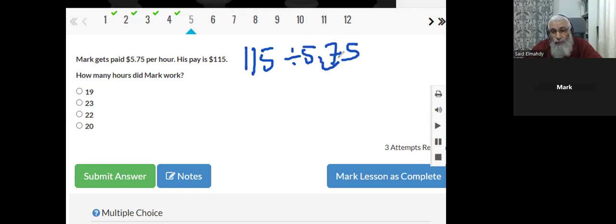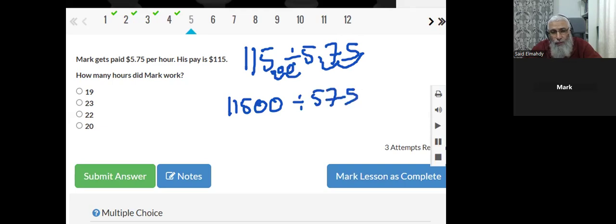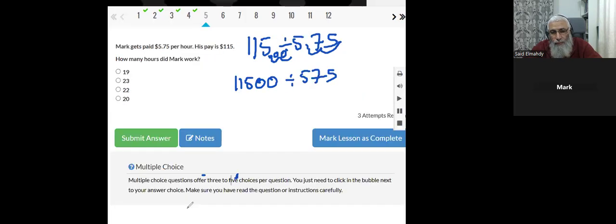We move the decimal 2 places. It will be 11500, because 0 here and 0 here, divided by 575. Now we can divide, or if we want, we can simplify. What is easier? Divide. 11500 divided by 575.